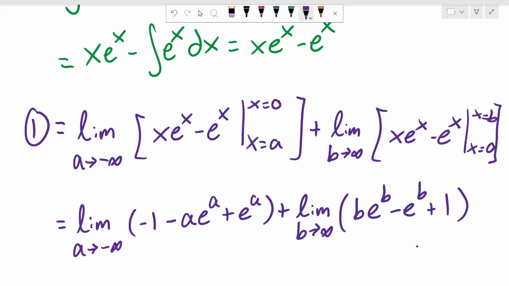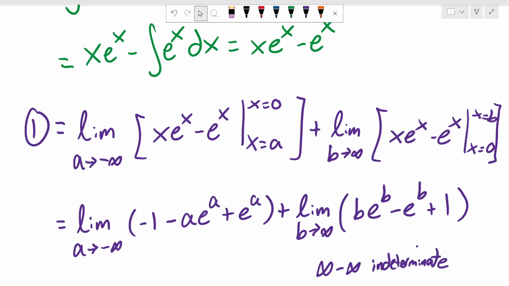But my point is that if we get infinity and then we get a minus infinity somewhere else, they don't cancel out. Infinity minus infinity is an indeterminate form. There's no way to cancel those out. So if we see that any term is going to be infinity and there's no way for us to rewrite it or use L'Hopital or anything like that, then the entire thing is going to be divergent.